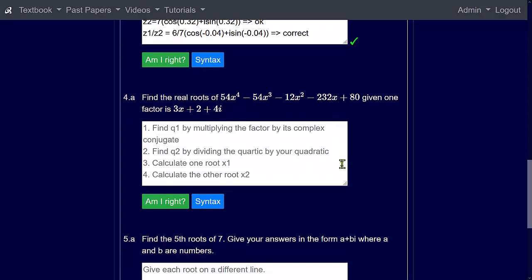Okay, question 4. Find the real roots of all of this. So let me just write those down on the whiteboard. I'm going to start by writing the factor that we're given, 3x plus 2 plus 4i. So I need to drag that in here.